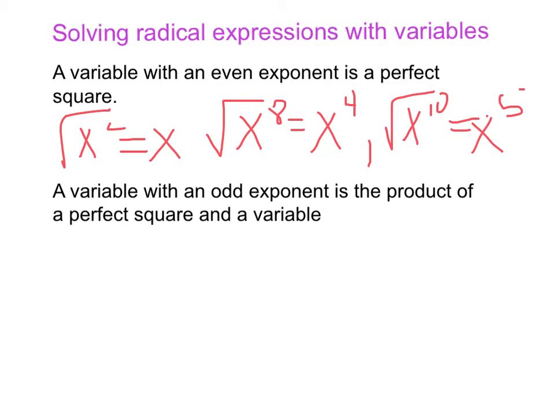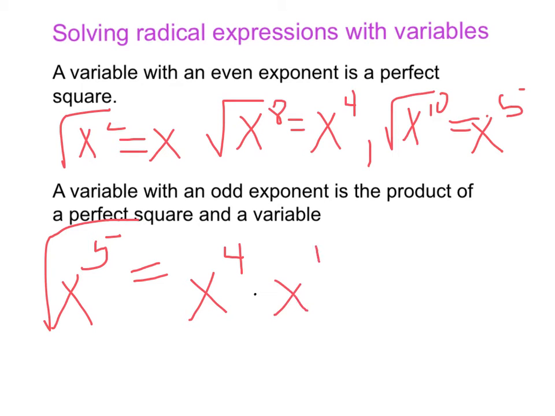Now, a variable with an odd exponent is the product of a perfect square and a variable. Okay, so if we have x to the 5th, the square root is x to the 4th times x to the 1st.